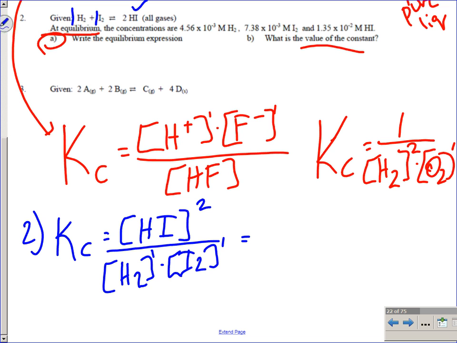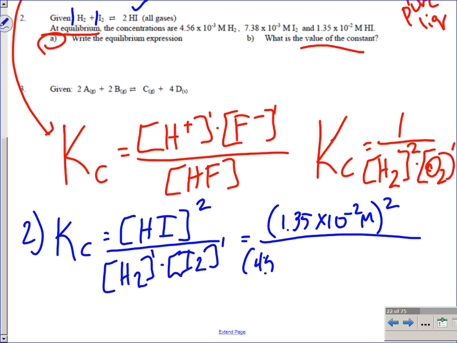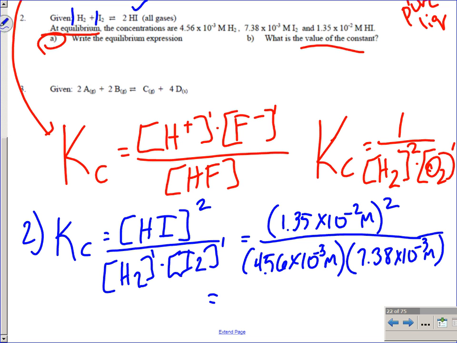So be very cognizant of that. Use parentheses.